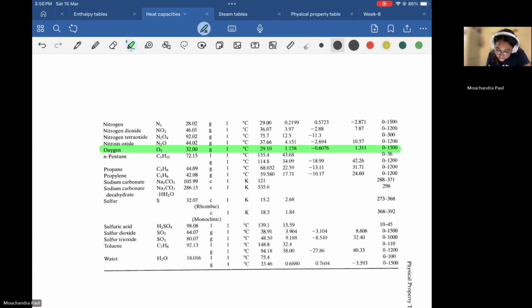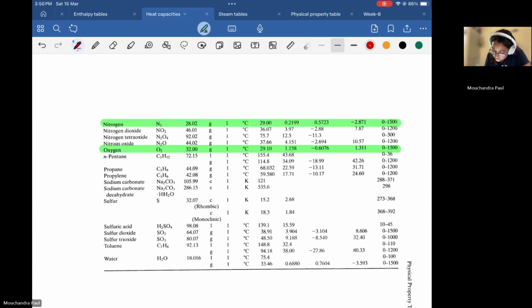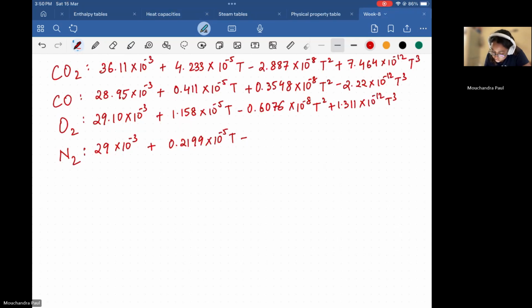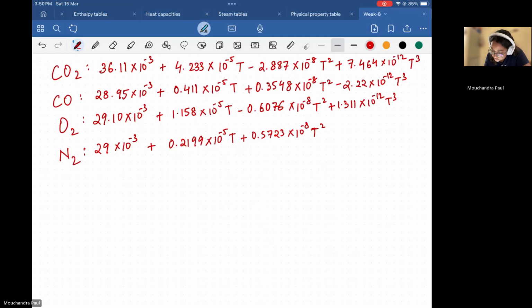Lastly, for N2, which is the values. So these are the equations.